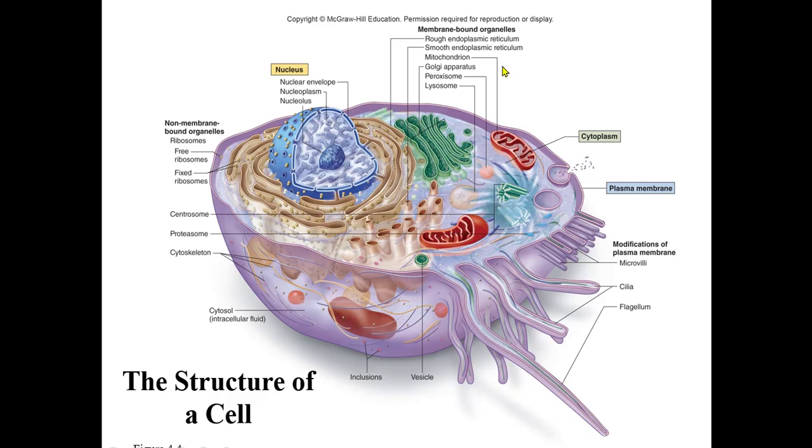And below that we have lysosome. Lysosome's job is to contain digestive enzymes. When things come into the cell, they may be too big for the cell to process, so they have to be put into digestive vesicles, which are called lysosomes. So lysosomes contain digestive enzymes that will break things down.